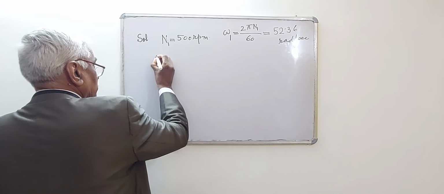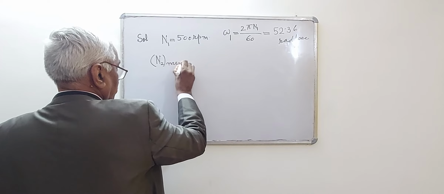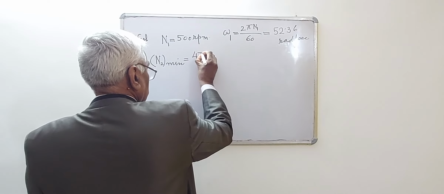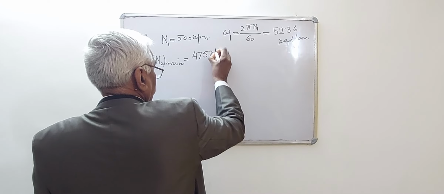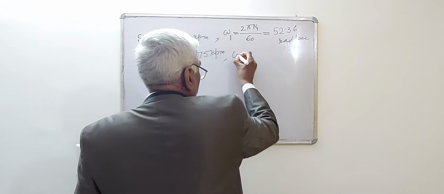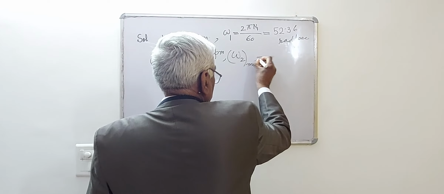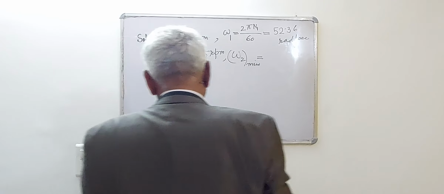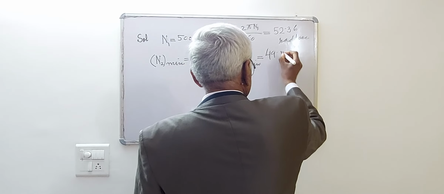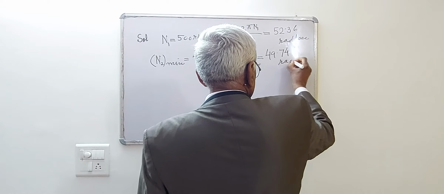N2 minimum, the speed of the driven shaft, is 475 rpm. It means omega 2 minimum can be calculated as 49.74 radian per second.